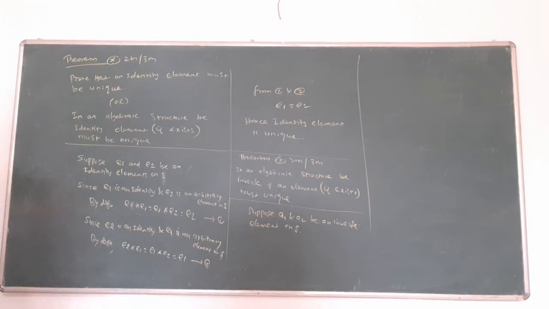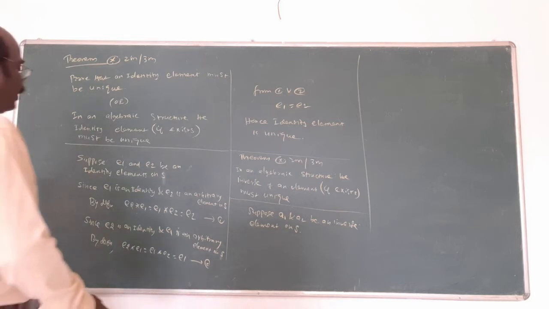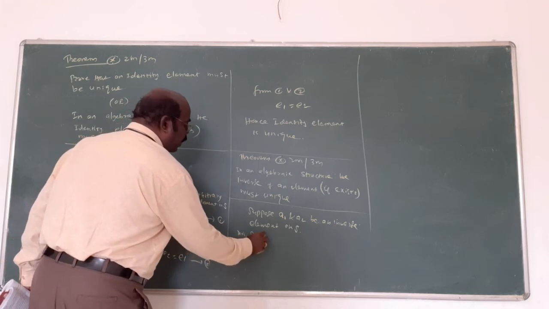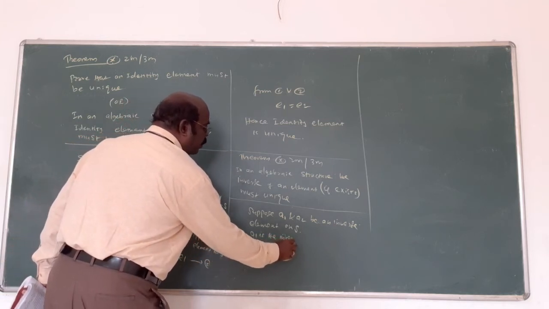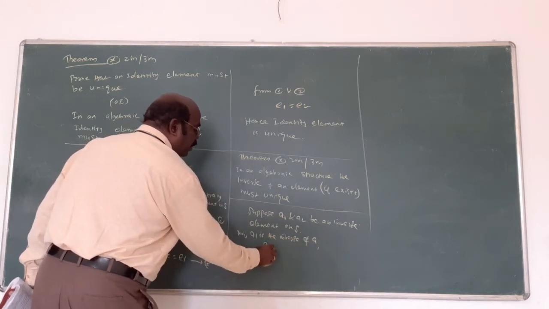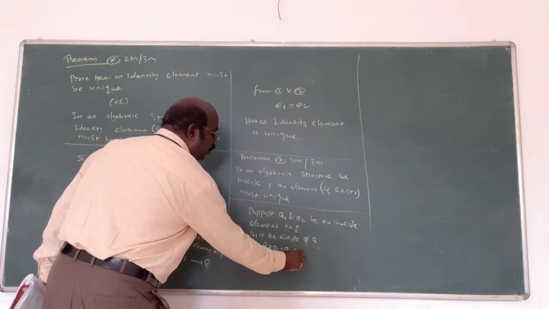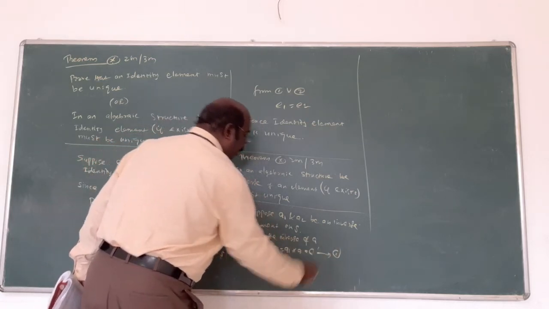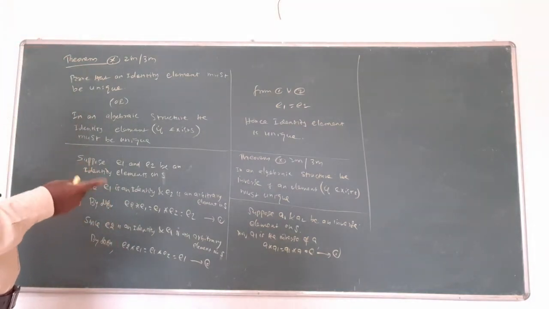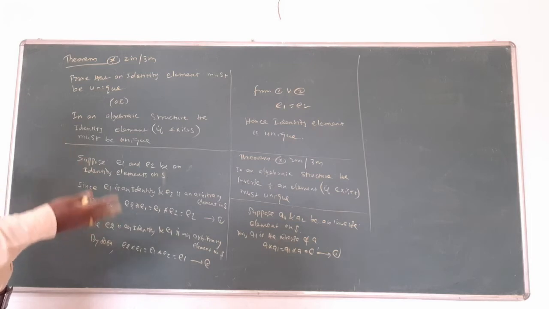Now, treating A1 as the inverse of A, what is the formula? A star A1 equals A1 star A equals the identity element E. Am I right? Because if you operate A1 with A, or A with A1, E will always come. That is called the inverse property.